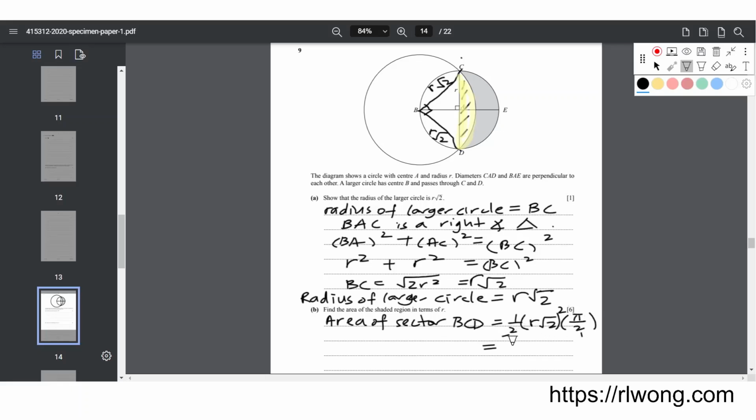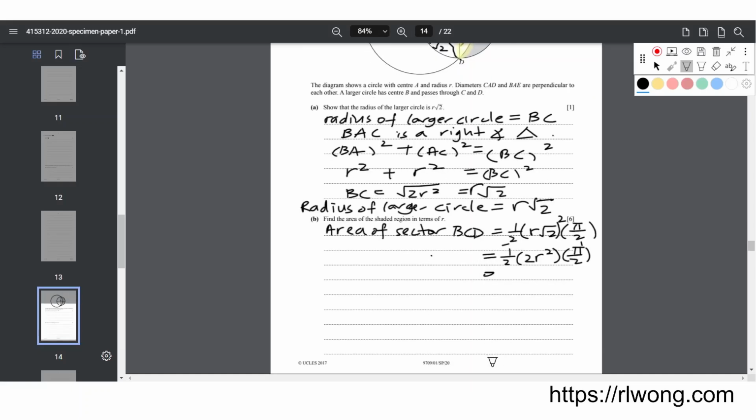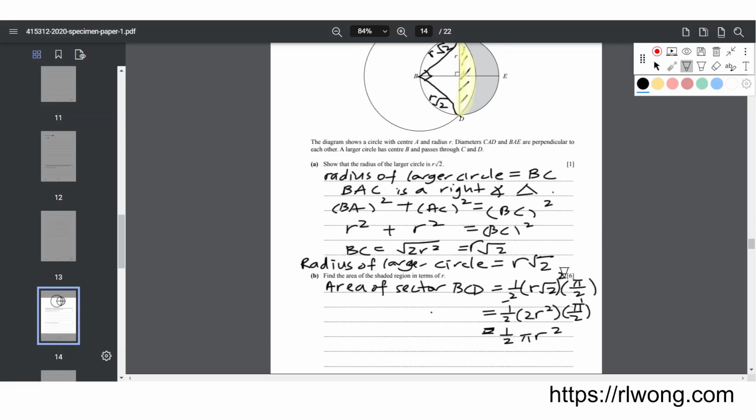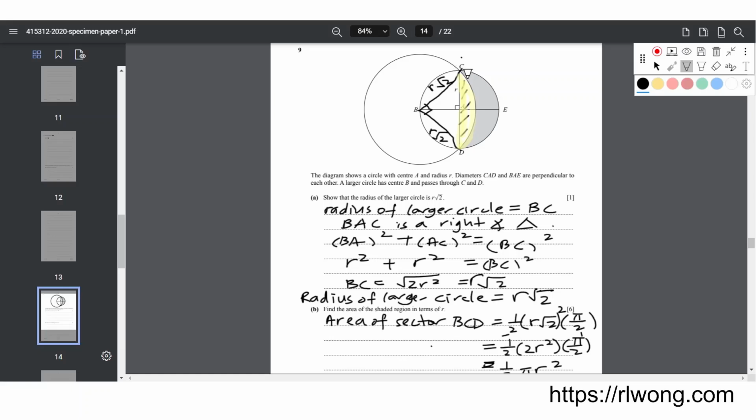Okay, so I have half times 2r squared times pi over 2. So I'll get half pi r squared.